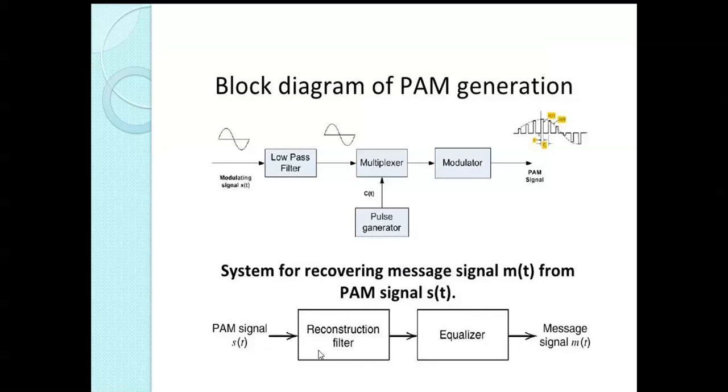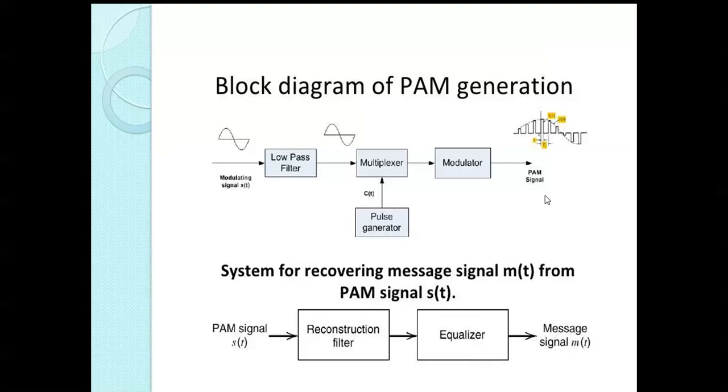This signal has to be sent to the reconstruction filter, which is nothing but the low pass filter, then to the equalizer. Whatever gets attenuated, or to equalize the changes in the low pass, we'll be using an equalizer circuit here, and you will be getting the original output.